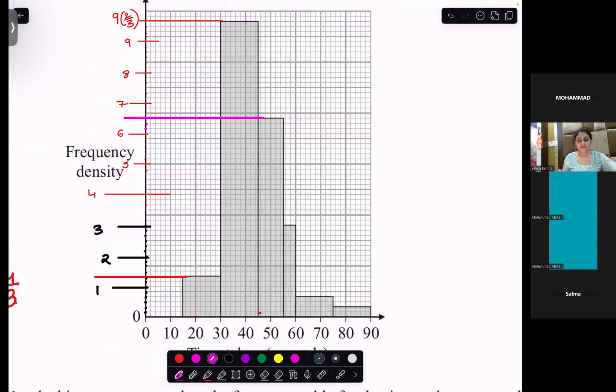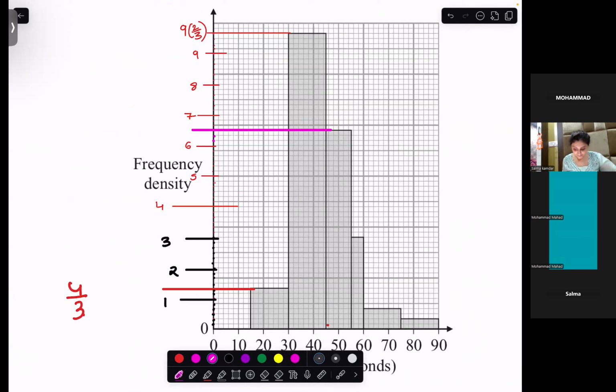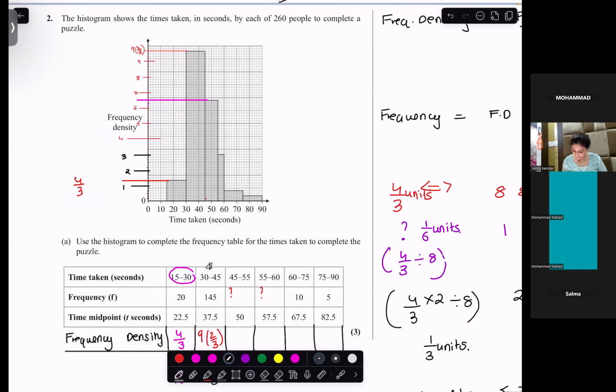Every 6 boxes represent 1 unit. So this is 3 boxes, so it would be half a unit. So it'd be 6 plus 1 by 2, 6.5. Can I say it is 6.5? Yeah, 6.5. Now let's talk about 55 to 60.